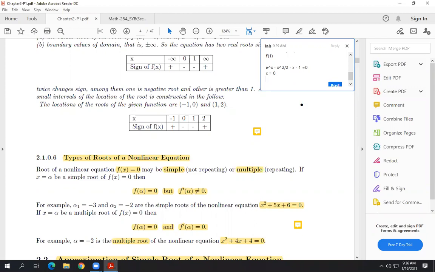It's a root because e power 0 is 1, so 1 minus 1 is 0. Now, is it a simple root or multiple root? Multiple. It is a multiple root, because what is the derivative?